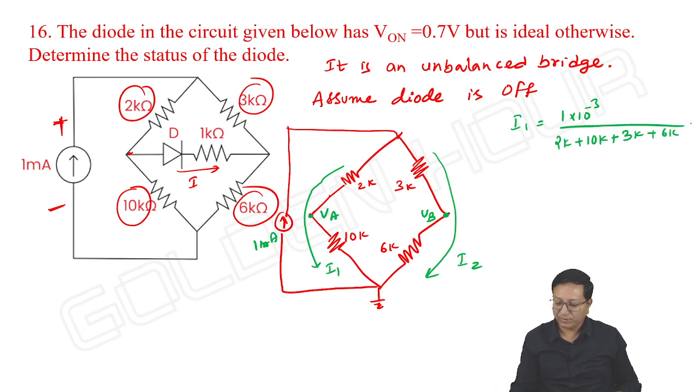Okay, 1 by 21. Sorry, it's by opposite resistors. Current division rule: total current by the sum of all the resistors, multiplied with the sum of the resistors in the opposite branch, that is 3K plus 6K.